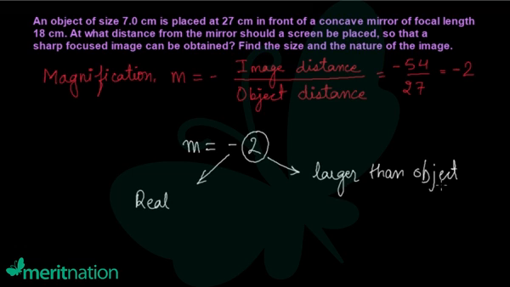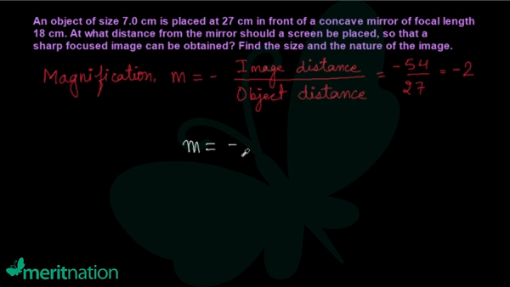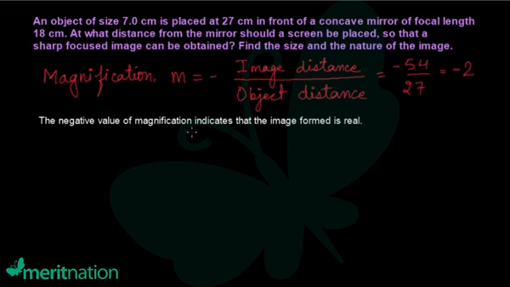The magnitude tells me the size and the sign part tells me the nature of the image. So magnification is equal to -2. The negative value of magnification indicates that the image formed is real, and the number greater than 1 tells me that the image is larger than the size of the object.